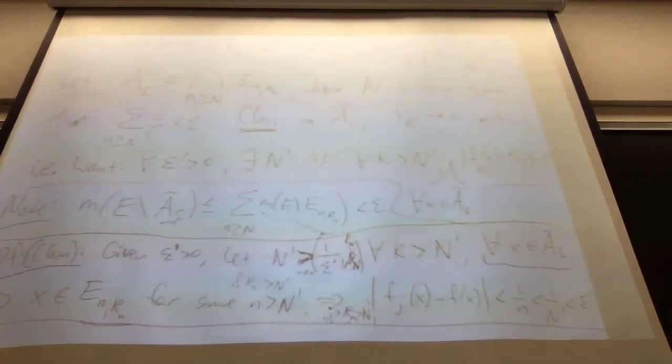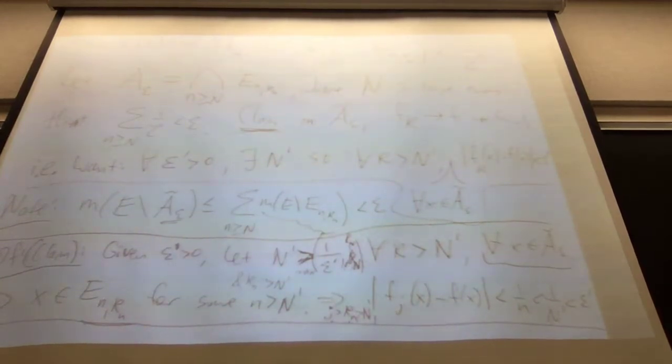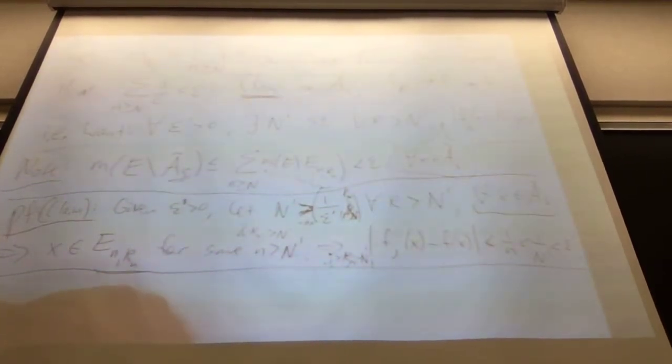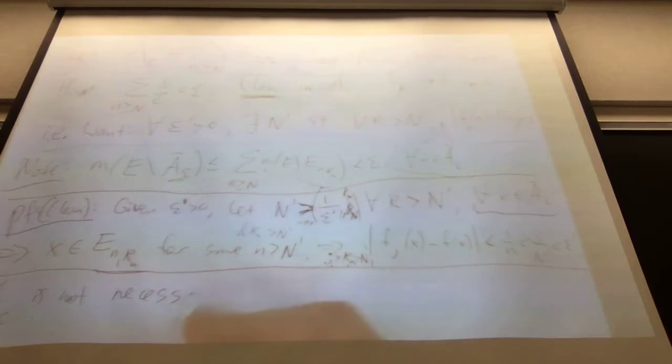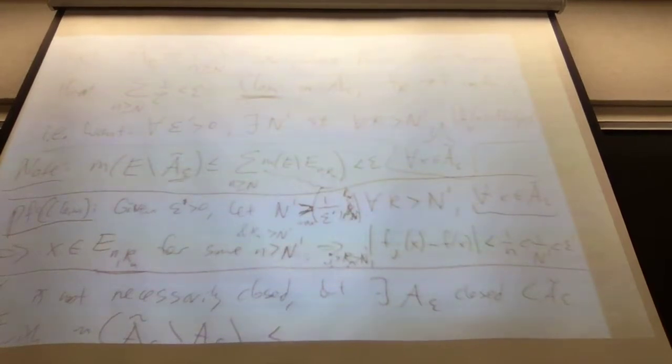All right, we're almost done, and what we need to finish is what we said already. We have this set A epsilon tilde on which we have uniform convergence, by what we proved before. A epsilon tilde is not necessarily closed. But there exists an A epsilon, which is a closed subset, with the measure of the difference at most epsilon.